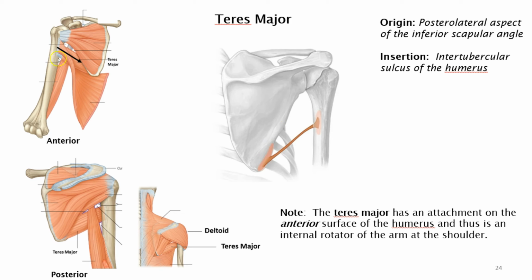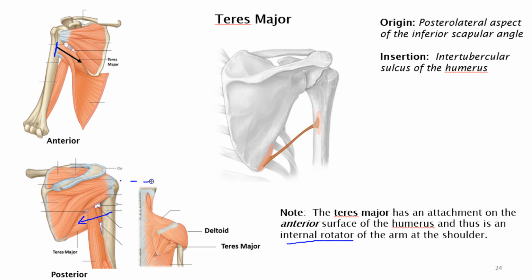And if we look at the anterior view, we can see that that connection point is out here. Therefore, it can be an internal rotator. So we have that here as an internal rotator. But note its primary action is adduction, especially in the frontal plane.